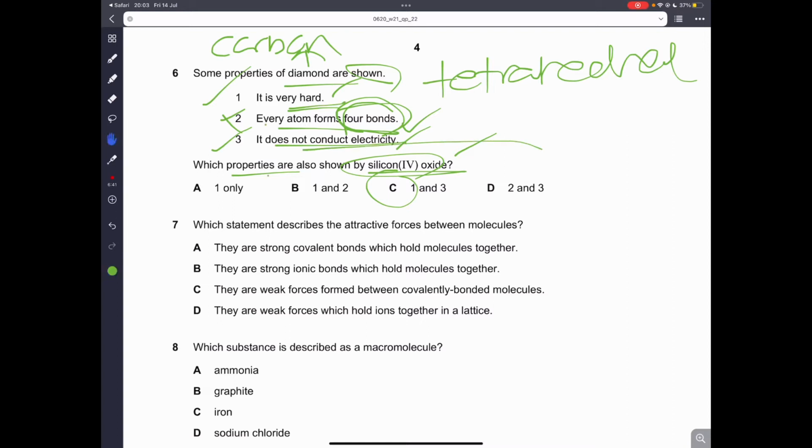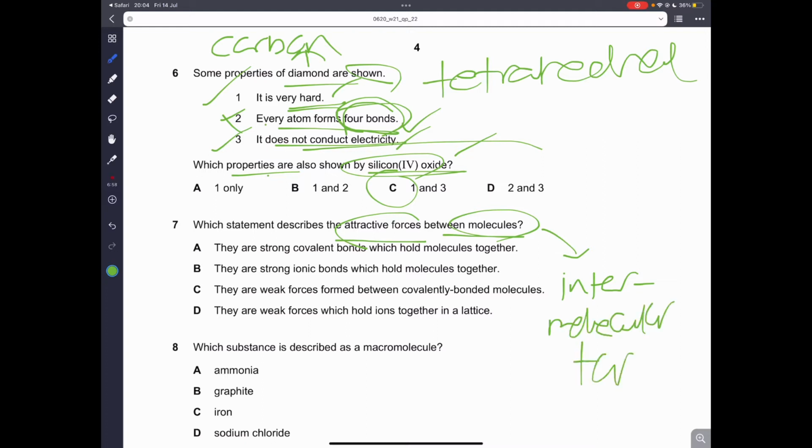Question number 7, which statement describes the attractive forces between molecules? Remember, the attractive forces between molecules are called the intermolecular forces. Intermolecular forces are basically the attraction between molecules. So for example, if I say chlorine, we write chlorine as Cl2. This is the structural display formula.